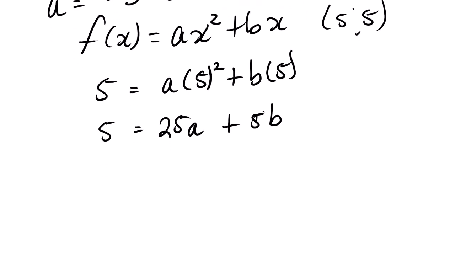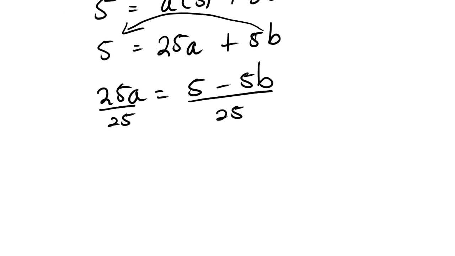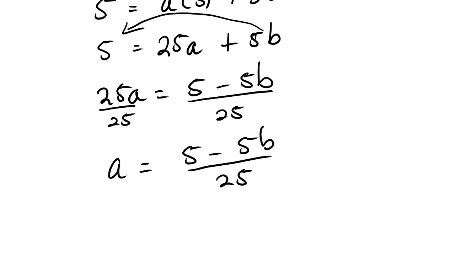From here we transpose this to the other side. It becomes 25a equals 5 minus 5b. We divide both sides by 25, and we have a equals 5 minus 5b over 25. We label this as equation 2.